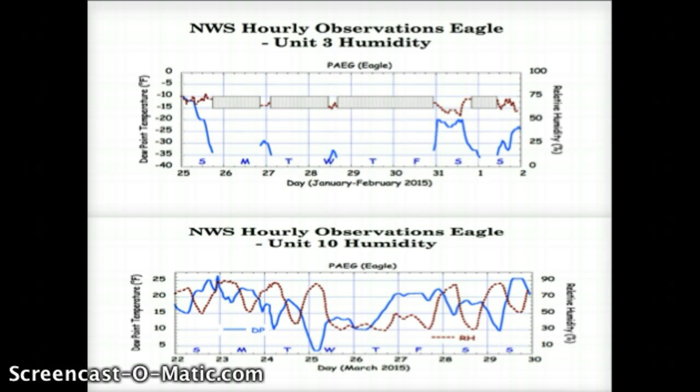So for looking at the humidity, unfortunately, the humidity graph for January and February is missing some data, so I will be focusing more on the graph for March. The relative humidity moves in the opposite direction as the temperature.